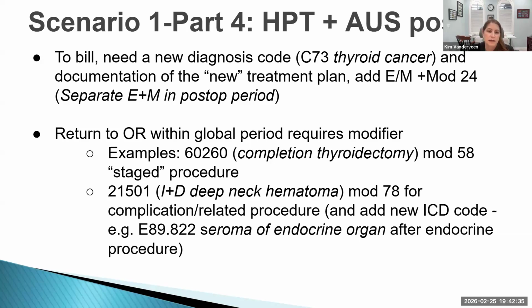Or if it's more extensive than you thought and you're talking about going for a second surgery, look at that as time, but you are definitely going to have a new diagnosis code. It cannot be linked to the original code that you had.